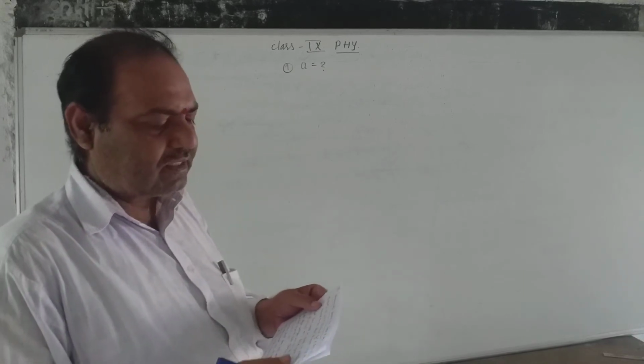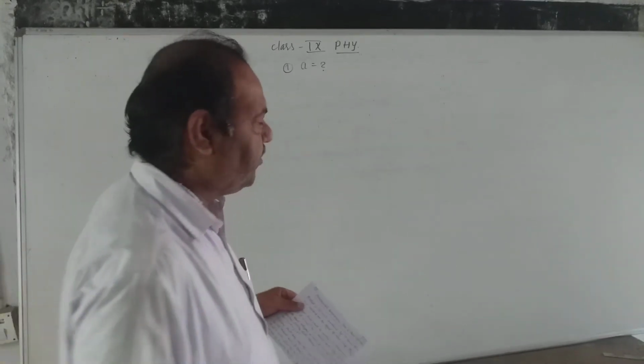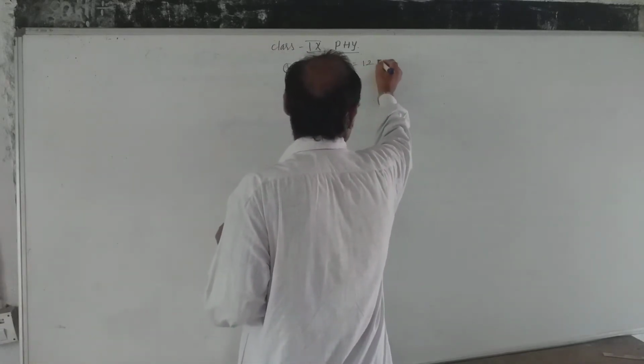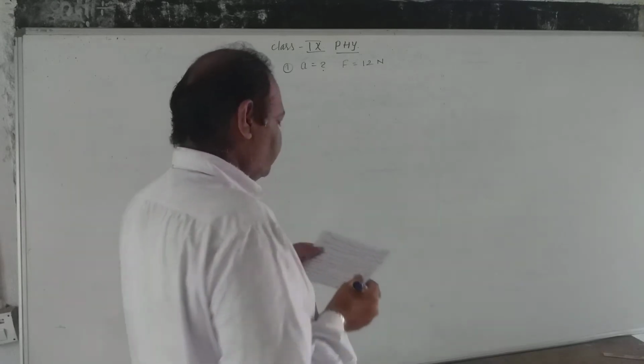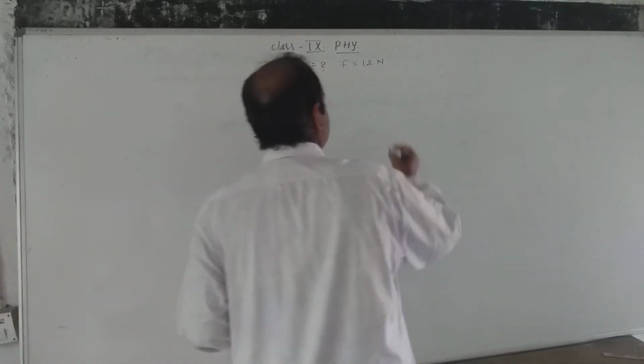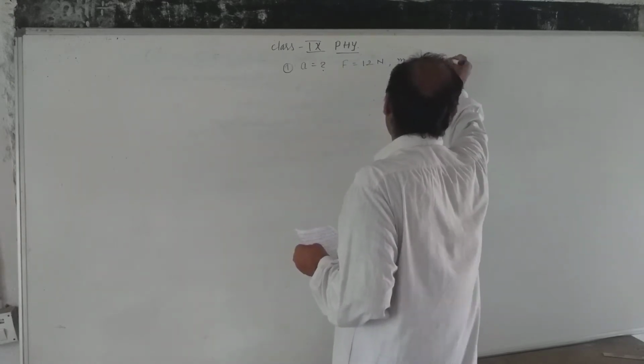First of all, the given terms are: force is equal to 12 N, exerted on an object of mass 3 kg. Mass is equal to 3 kg. M is equal to 3 kg here.